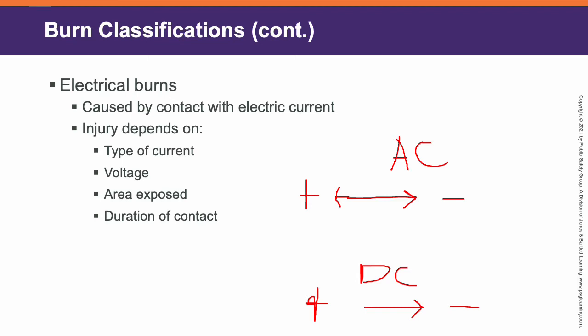But if you're not careful, it's really easy to burn somebody. So the type of current is really important. The voltage or the intensity of the electricity also plays a role in that, as well as how big of an area gets exposed to the electricity and how long it's on, just like everything else, basically.